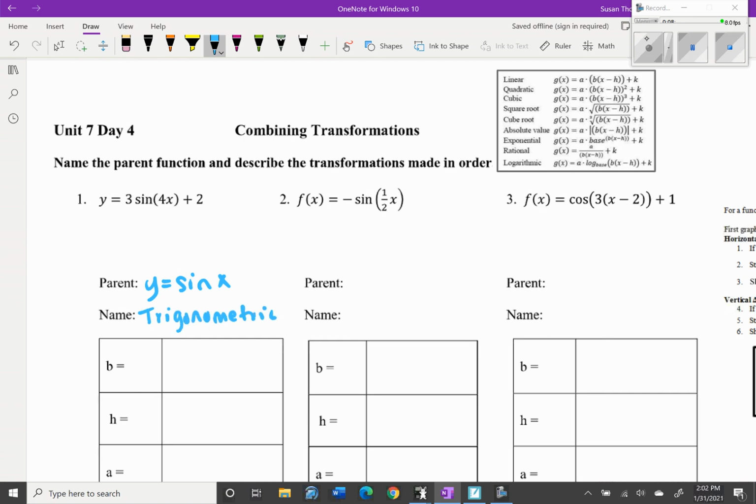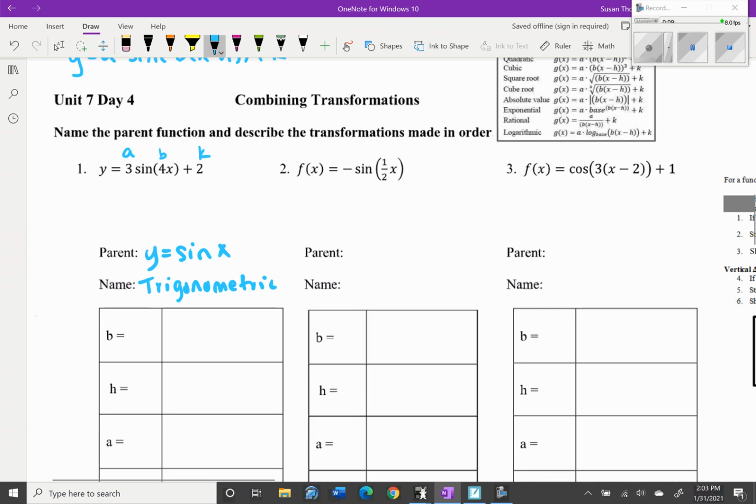And we just did our unit on this, so the equation would be y equals a times the sine of b times x minus h plus k. So notice that for this one, this is our a value, this would be our b value, and this would be our k value. In this case, we don't have an h.